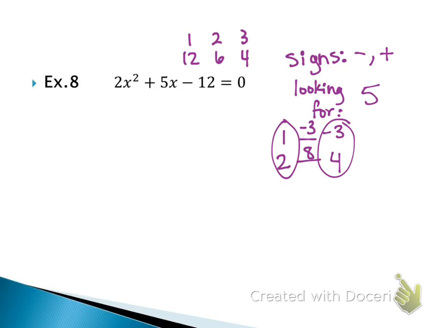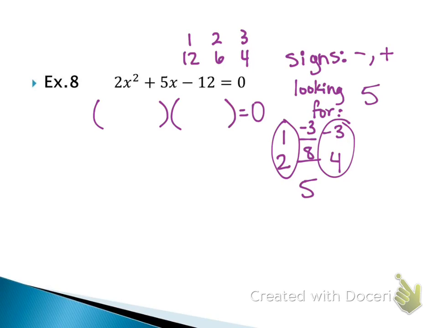When we combine them, beautiful. That's what we wanted. So we know that these bubbles will help us write our factors. So we go set up our parentheses. We know that after our parentheses we'll still have what? Equals 0.